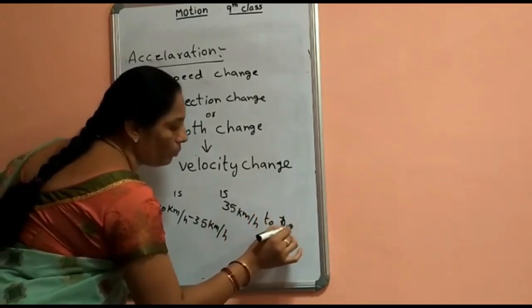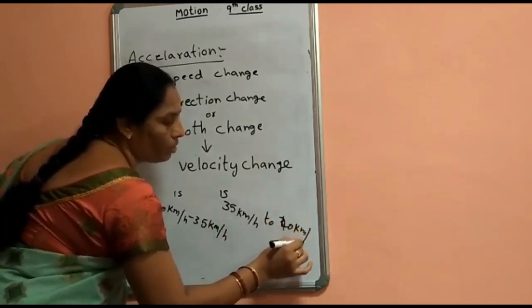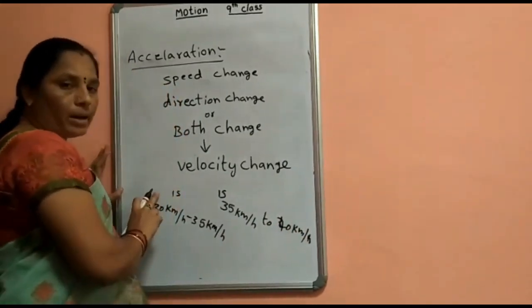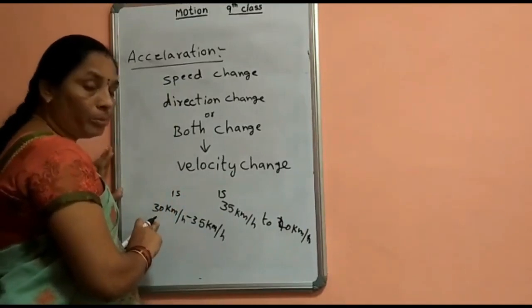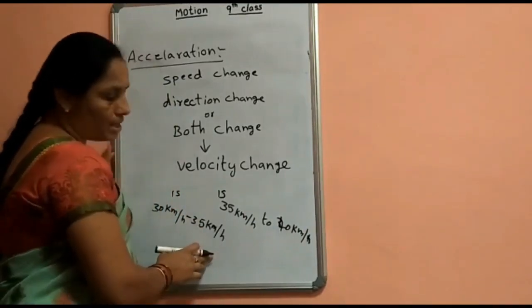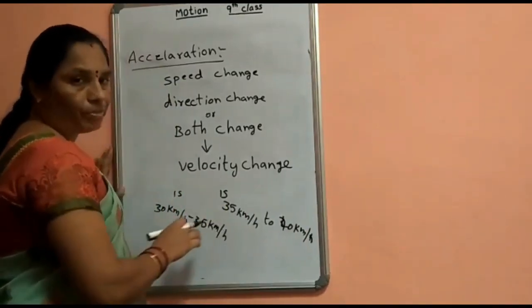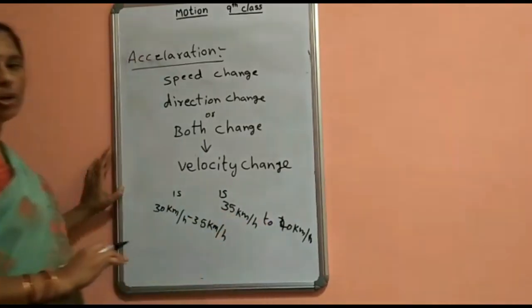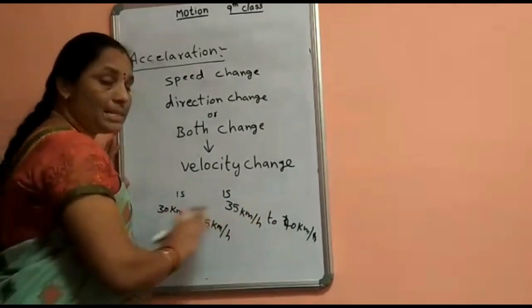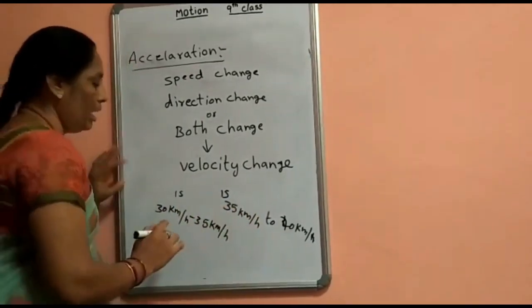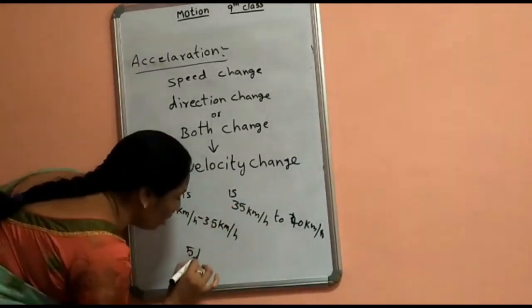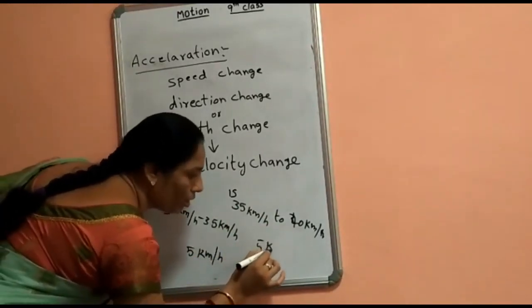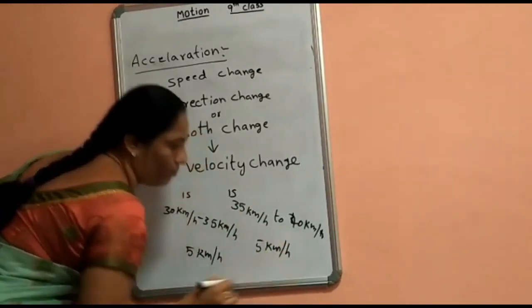In another second it moves from 35 to 40 kilometers per hour. What is the difference? Here the difference is 5 kilometers per hour, and here also 5 kilometers per hour.